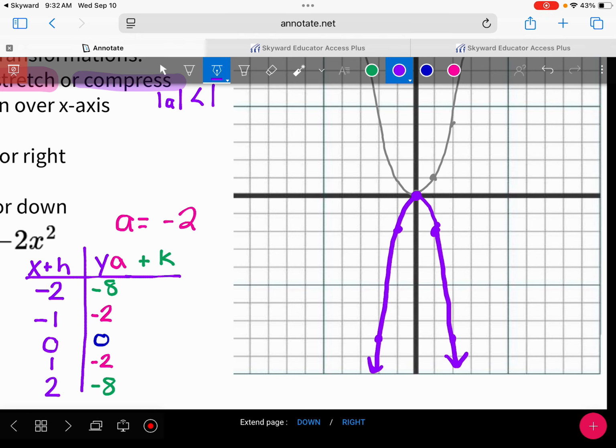A, H, and K have the same jobs no matter what kind of function we're looking at. And since we've worked with these kinds of graphs before is why they've kind of taken them all and jumbled them together into this one section. But that's what we're going to do is we're going to take our A and K, honestly, because that's all they give us in here, and we're going to apply them to the other functions we graphed at the beginning.